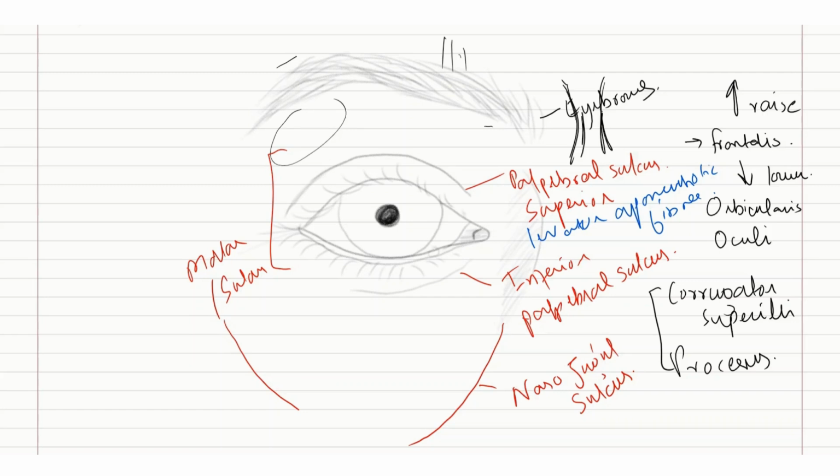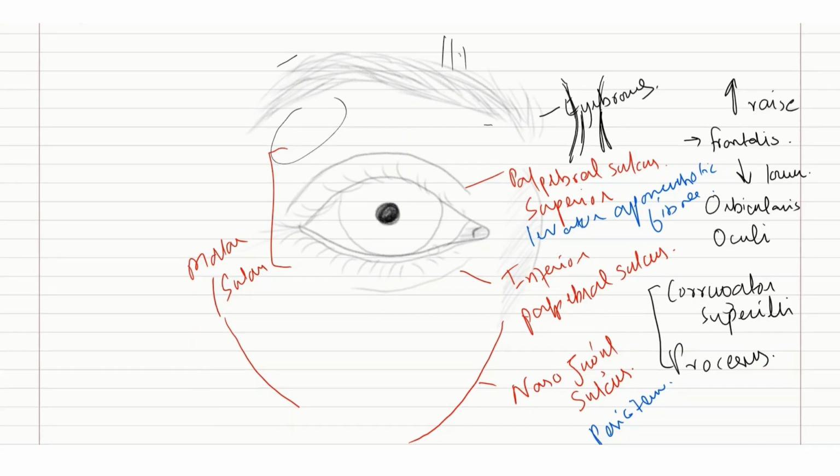Malar and nasojugal sulcus are formed due to periosteum, and so is the inferior palpebral sulcus. The portion above the superior palpebral sulcus is called the orbital portion, and the portion below the superior palpebral sulcus is called the tarsal portion.